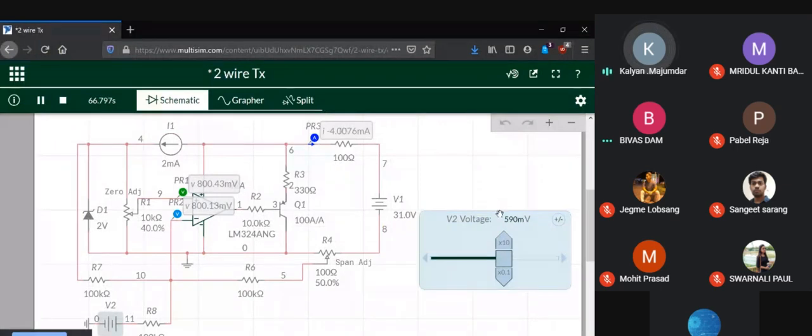Remember this, 590 millivolts is 4 milliamperes. Now we have to find for what input we get 20 milliamperes. Earlier it was for 800 millivolts, 0 to 800 millivolts, so the span is 800.